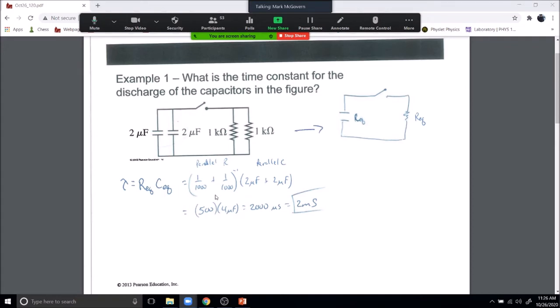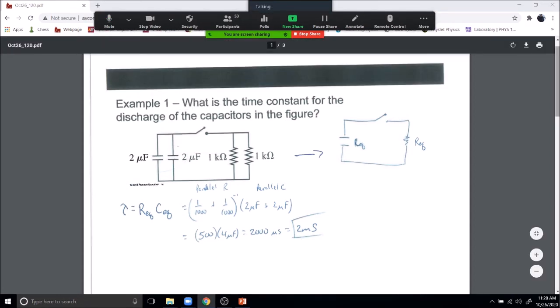So that's 1/1000 plus 1/1000. We work this out, we get 500. We work out the capacitor ones, we get 4 microfarads. Multiplied together, 2000 microseconds is 2 milliseconds. So this particular RC circuit, while it's a combo, behaves as if it's a single resistor, single capacitor with a 2 millisecond time constant.